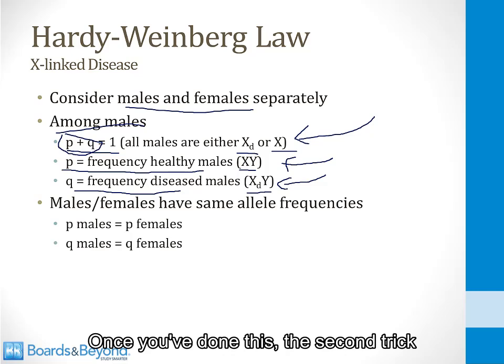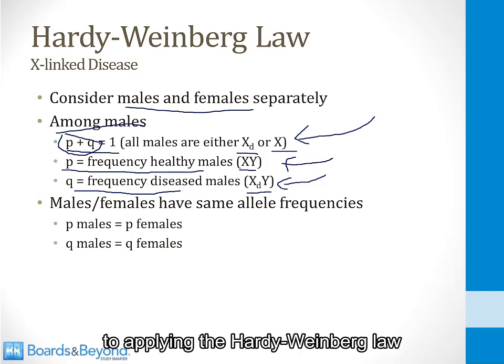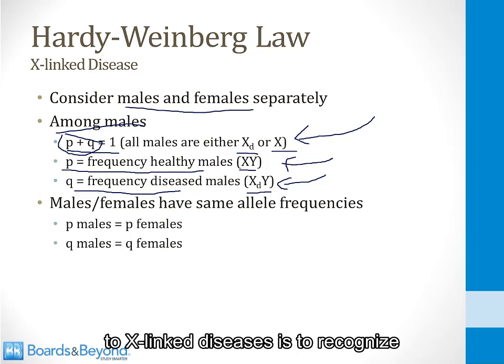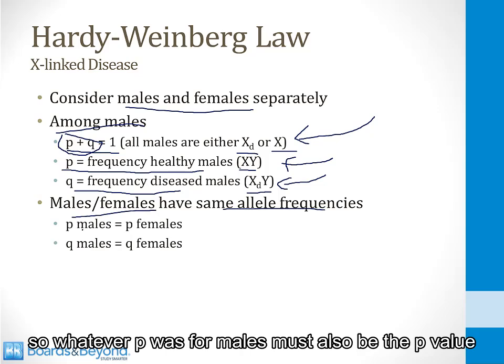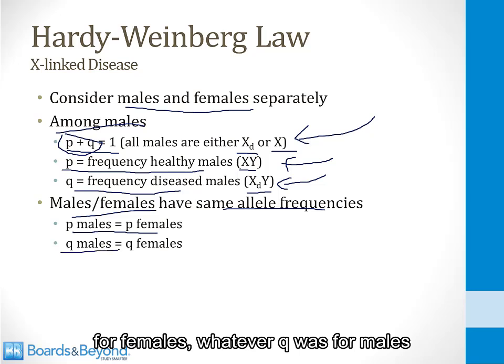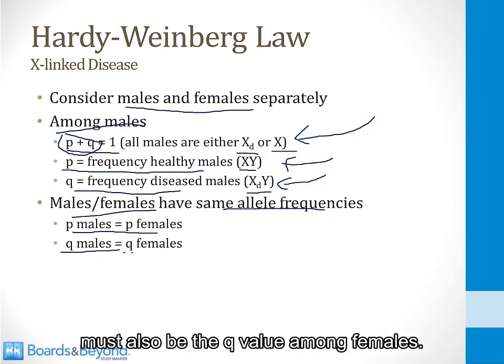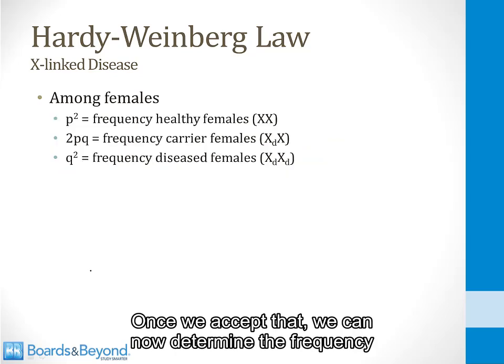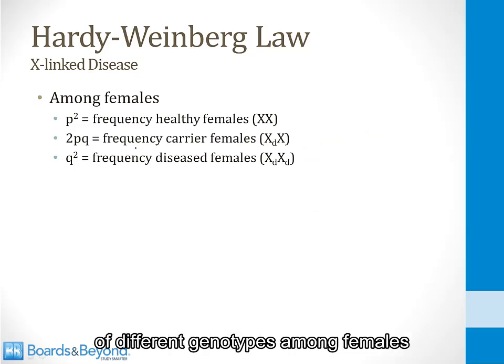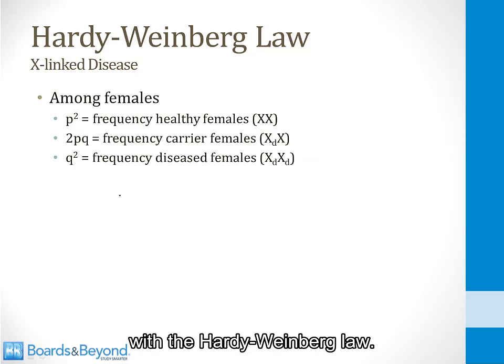Once you've done this, the second trick to applying the Hardy-Weinberg law to X-linked diseases is to recognize that males and females will have the same allele frequencies. So whatever P was for males must also be the P value for females. Whatever Q was for males must also be the Q value among females. Once we accept that, we can now determine the frequency of different genotypes among females by analyzing this population separately with the Hardy-Weinberg law.